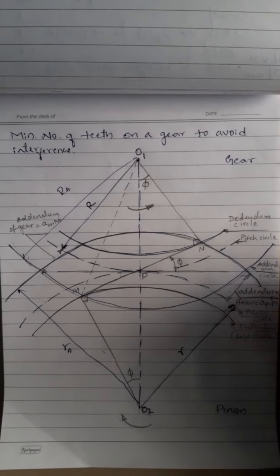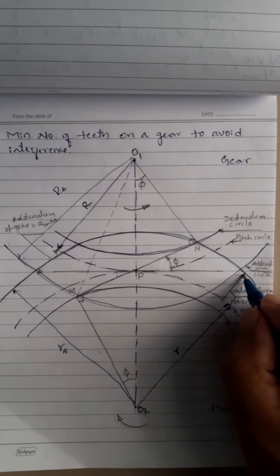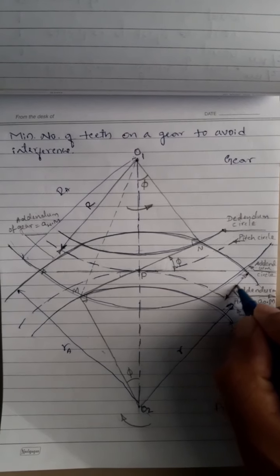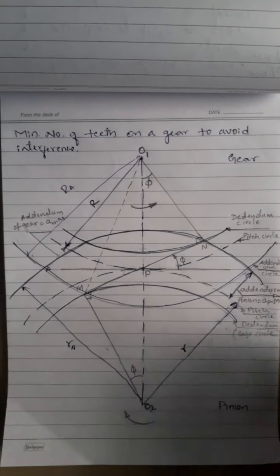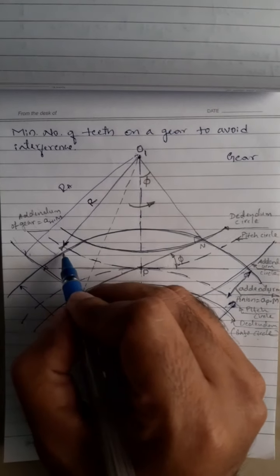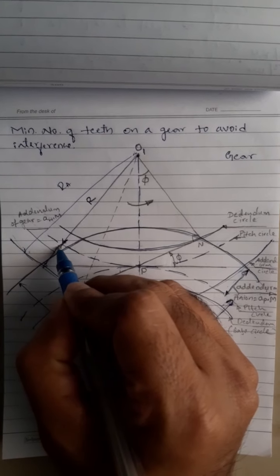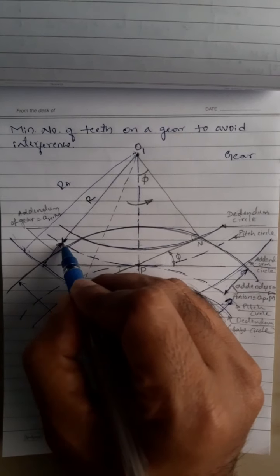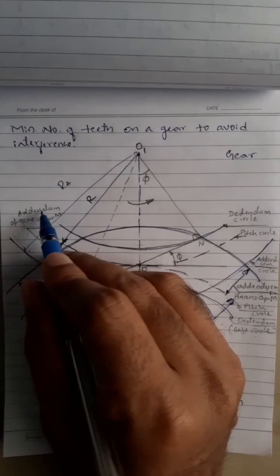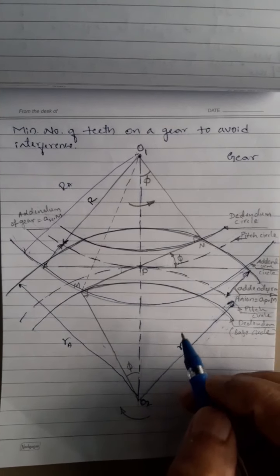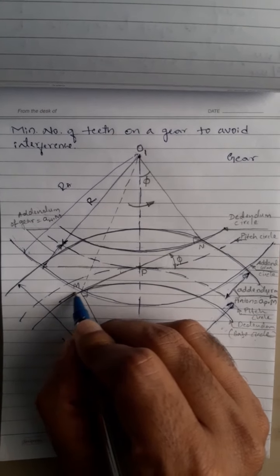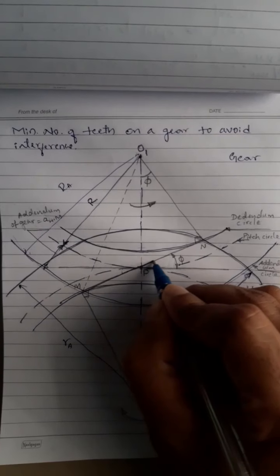The distance between the addendum circle and the pitch circle is nothing but the addendum, and here we have the distance between the addendum circle and the pitch circle for the gear as the addendum. So these are the basic parameters.